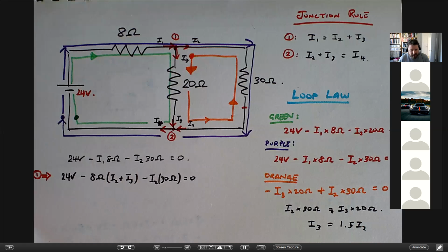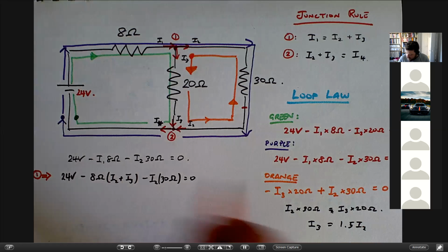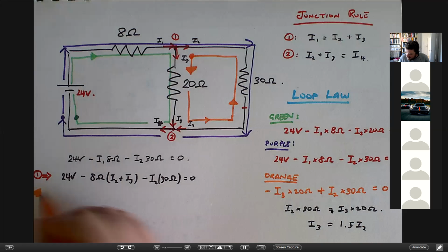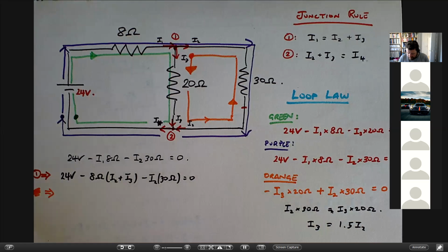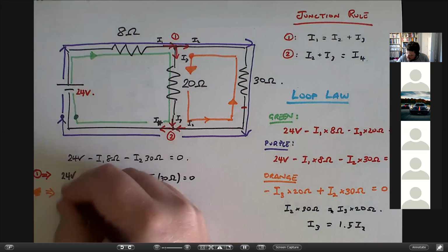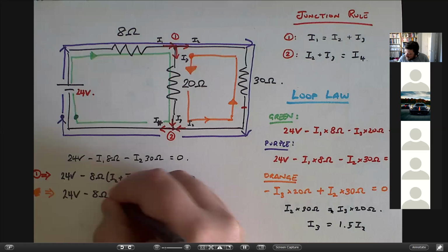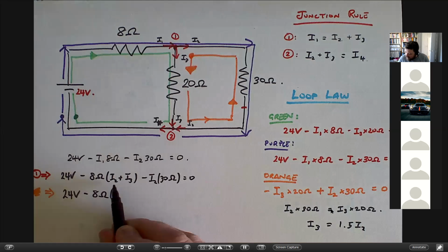Right? And then what I'm going to do is I'm going to take this equation down here, the orange equation, and I'm going to replace I3 with 1.5 times I2. So we're going to get 24 volts minus 8 ohms, this is I2 plus 1.5 I2.